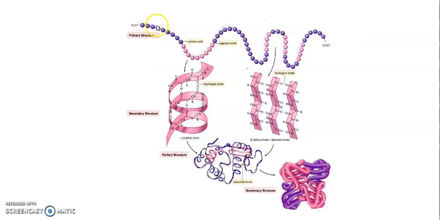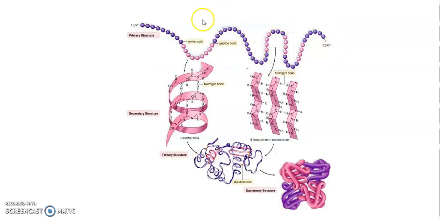Each one of those little ball-like structures is a different amino acid, and amino acids are the building blocks of proteins. Those are polar molecules. This is how the protein initially is made: amino acids are bonded together, and they start forming this long chain.